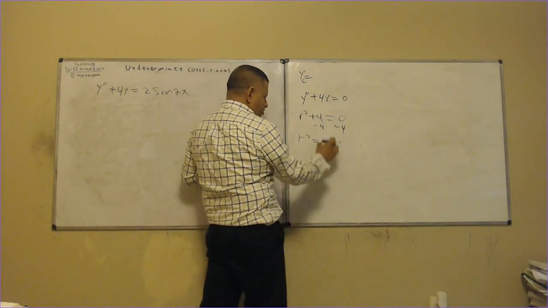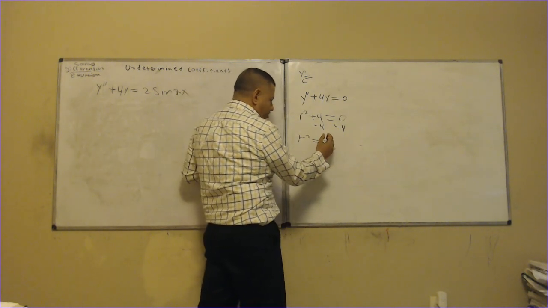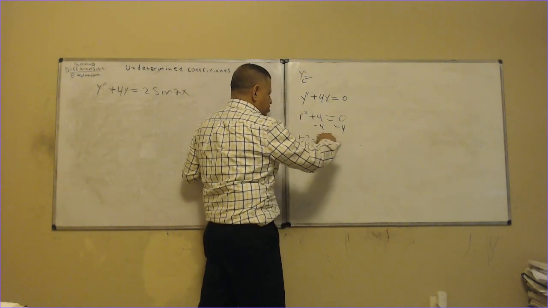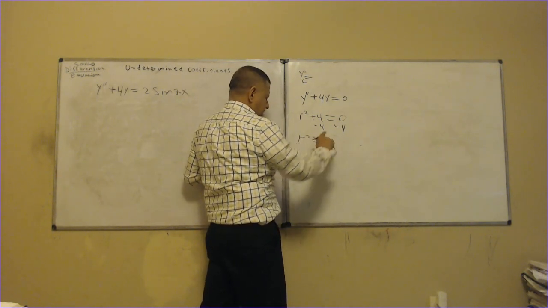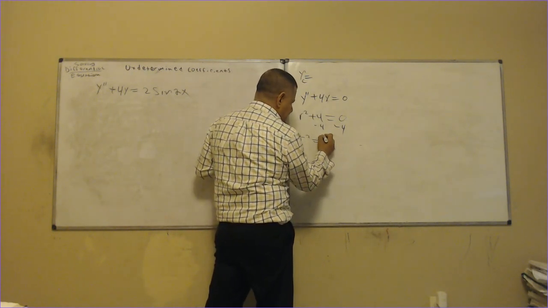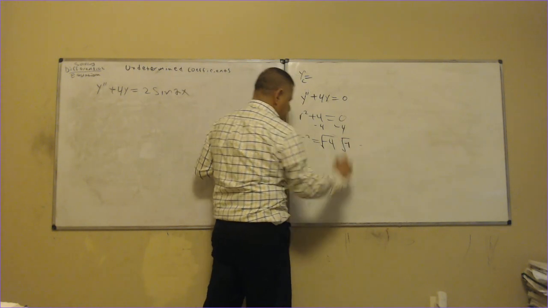Right here, we cannot take the square root of negative 4. But what you can do is multiply by the square root of 4 times the square root of negative 1.